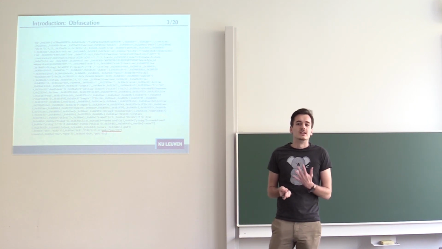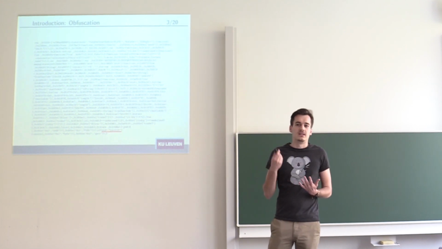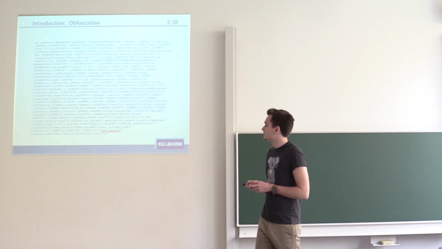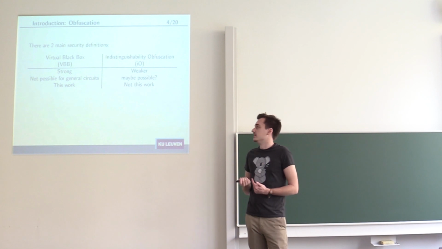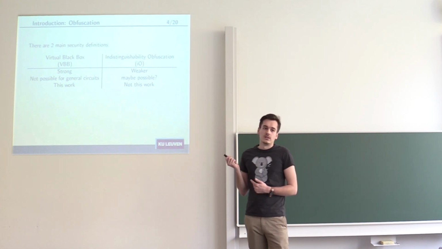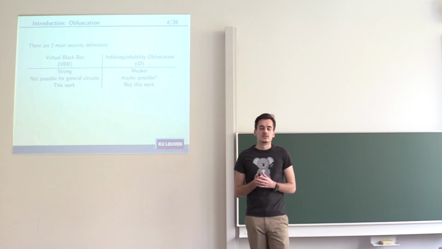So it's clear that we need real cryptographers that come up with real security definitions and can build actual schemes that meet these security definitions. And there's actually two of those security definitions that exist. First one is virtual black box security. That's a very strong security notion, and it really says that your obfuscation acts like a black box.